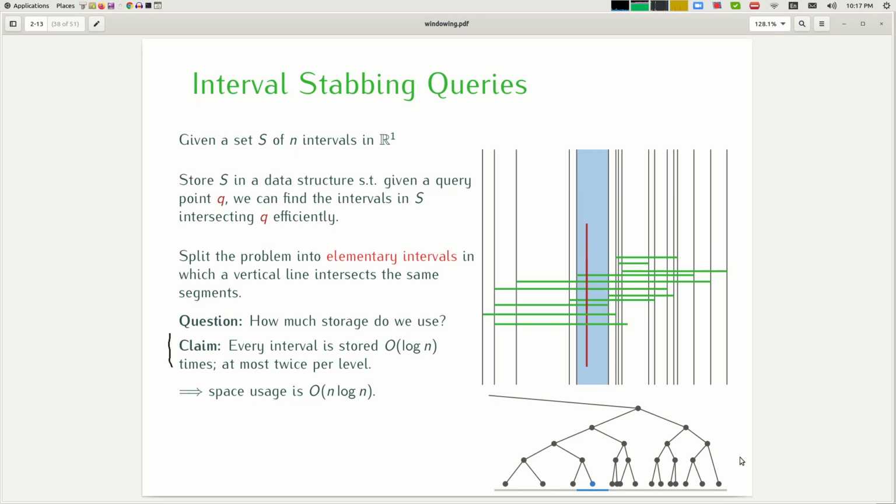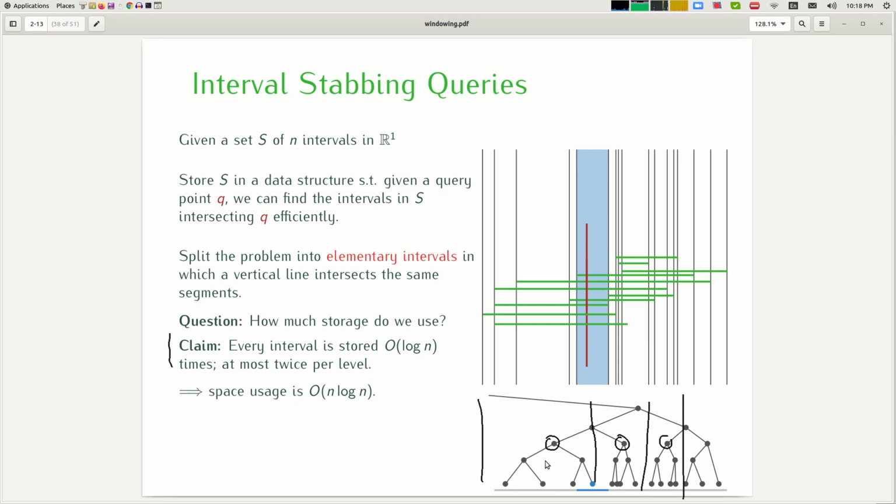To prove this, let's do proof by contradiction. Let's assume that an interval is stored 3 times, say over here, and over here. To see how we can get a contradiction, let's say that these nodes have the following ranges.